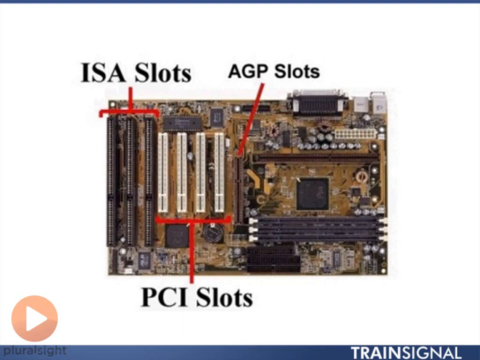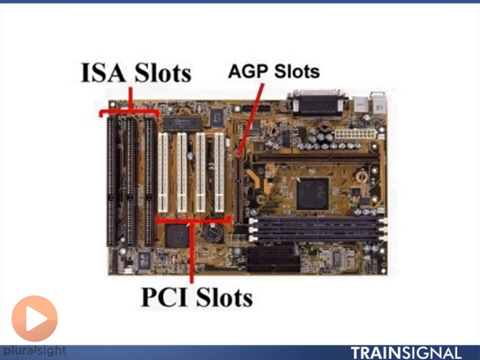And so we came out with this special type of slot called the AGP slot that could handle faster traffic. Matter of fact, it actually stands for Accelerated Graphics Port. And I can tell you that it still was really not that much faster than the PCI slot. If you look at it, it looks a lot like the PCI slot. It's about the same size, other than it's brown instead of white.